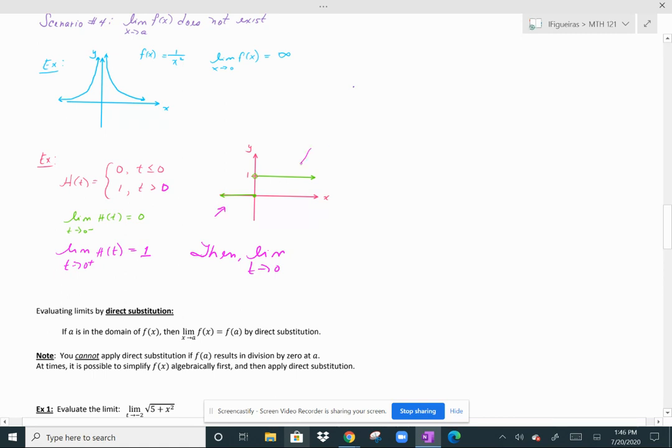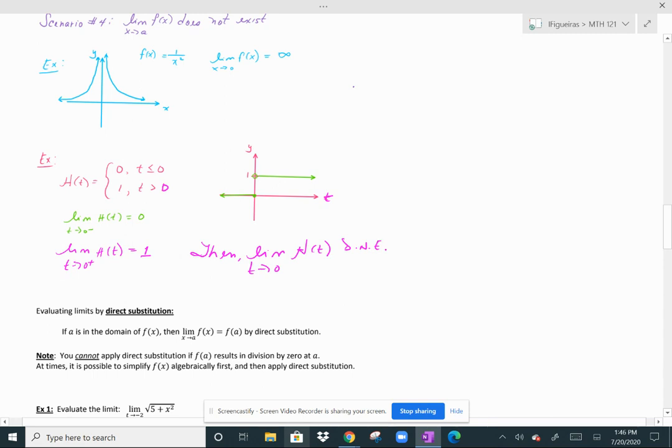Greater than 0 is here. Again, another constant of 1. And so you can see visually that as you get closer and closer to the value of 0 for t, your function is going to two different places, either 0 or 1. So you can say that the limit as t approaches 0 of h of t does not exist. DNE for does not exist.